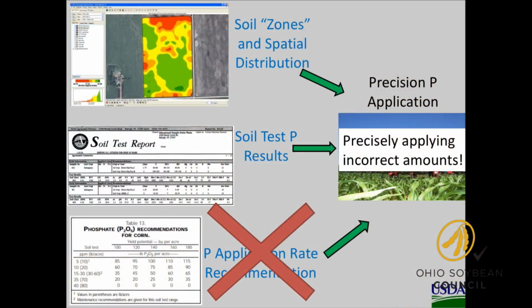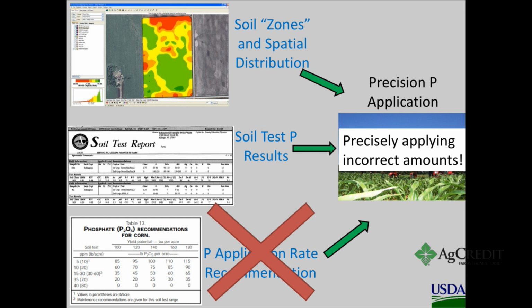So if we consider the state-of-the-art system, what we have right now as far as phosphorus recommendations and applications go, we've got zone management. Your field is broken up into different sections based on differences in soils and observed behavior, and you often soil sample those zones separately and get your soil test report.